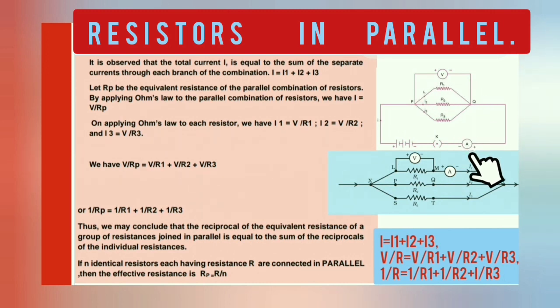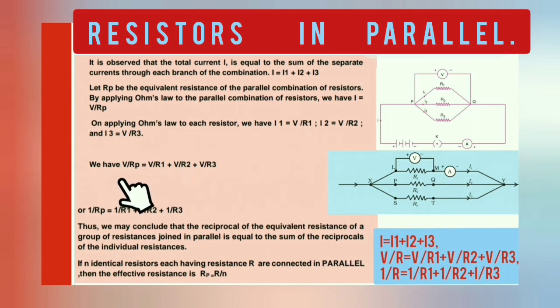So when we connect three resistors in parallel, the current through each resistor is different, but the voltage across each resistor is the same. So we can say that the main current I through this circuit is equal to the currents through the individual resistors I1, I2, I3. That is, I is equal to I1 plus I2 plus I3.